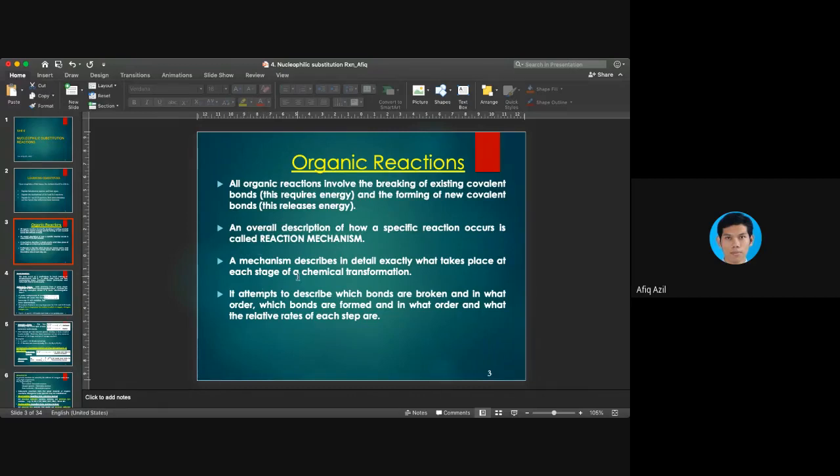So a mechanism describes in detail exactly what takes place at each stage of chemical transformation. And the function is to describe which bonds are being broken first, and in what order. There's a particular order, and also which bonds are formed, and you can also tell the relative rates of the reactions.